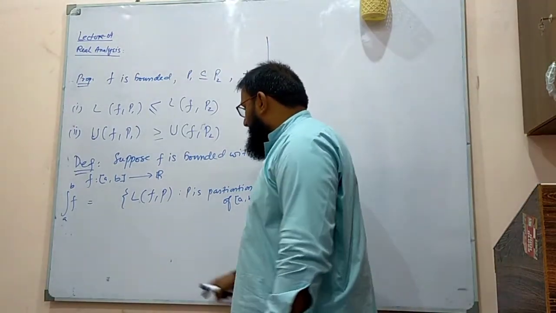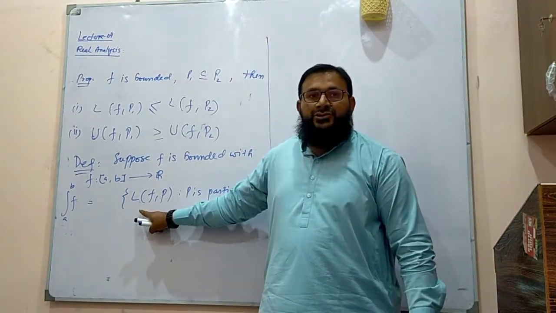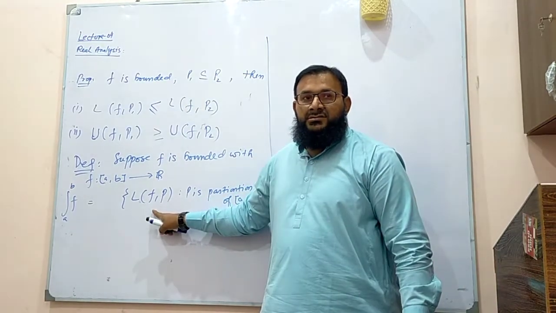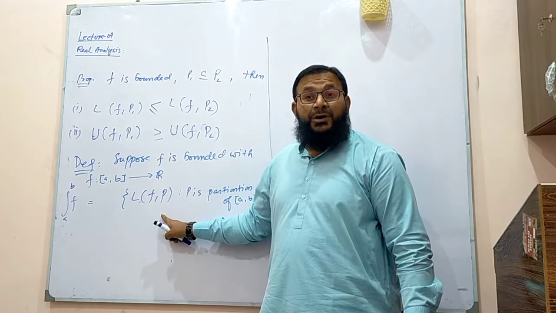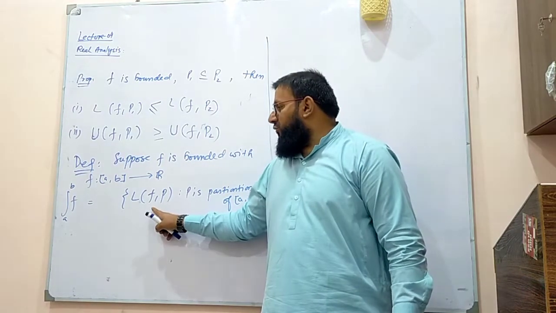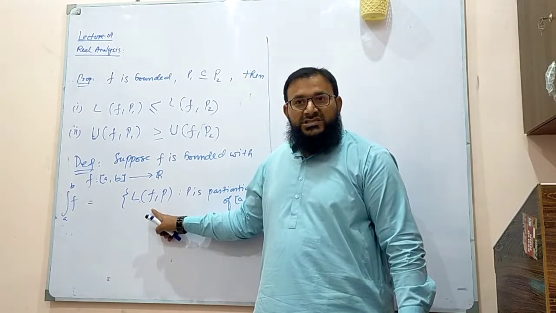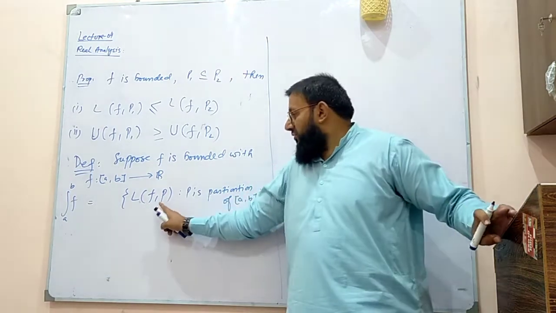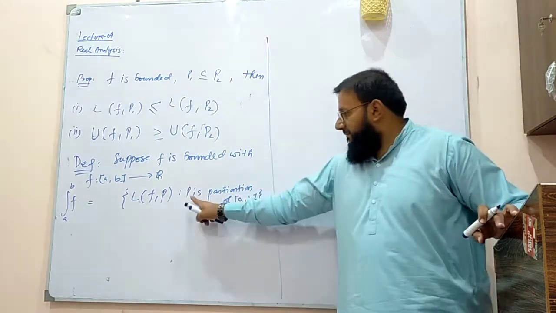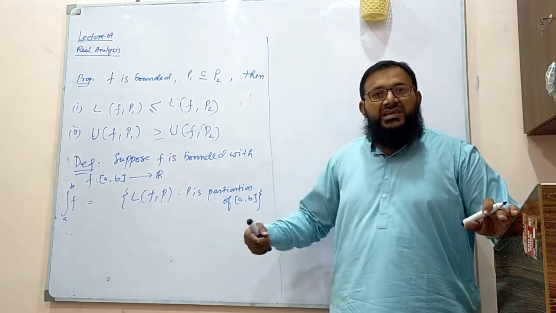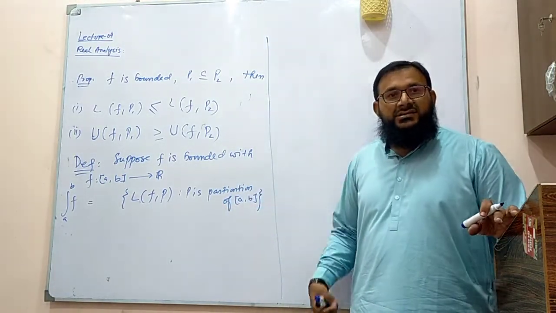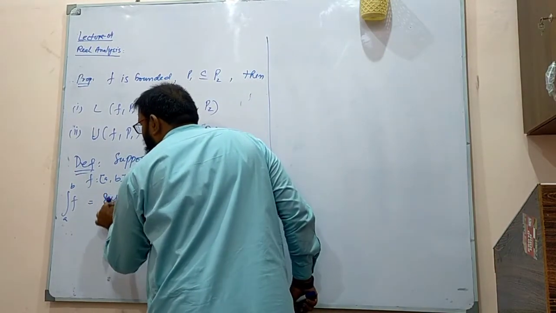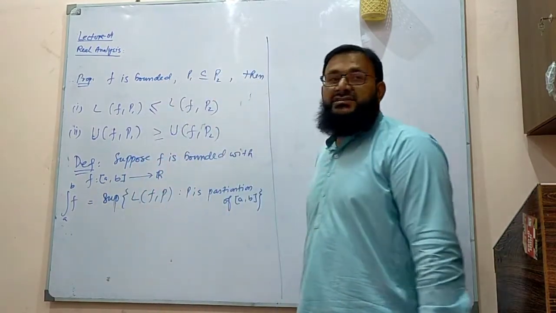What is the idea behind this? You take the lower sum of your function corresponding to a certain partition, but you want this lower sum to be as big as possible. So what you do? You change your partition P. You have to refine it in such a way that this lower sum becomes as much greater as possible.